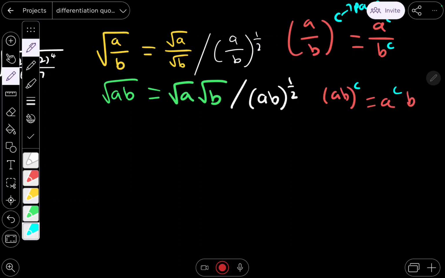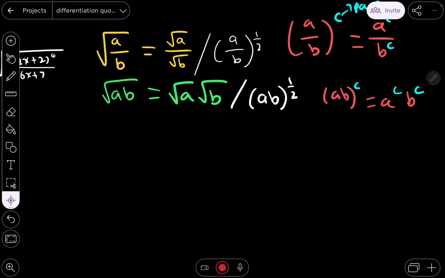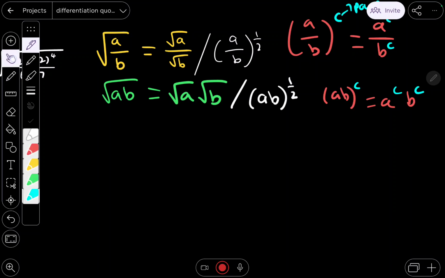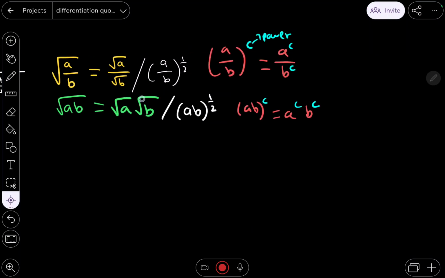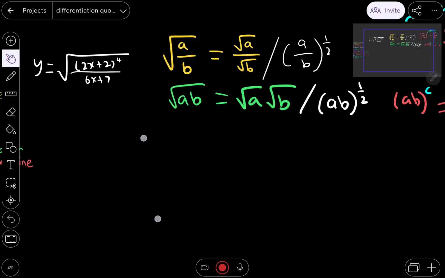So this is how the rule is derived in indices form, which is in white and red, versus in surd form, which is in blue and yellow. The white one is an indices rule, and it's a way of how we express these kinds of terms, the red one here is also the indices rule. So without further ado, let's move on into the question.